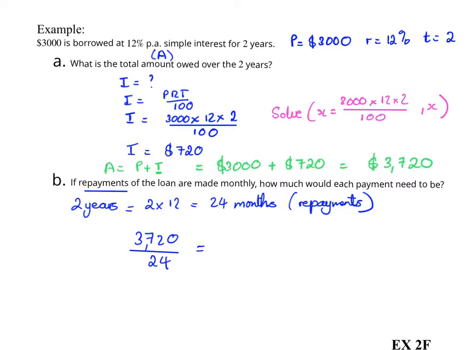And that ends up, when I put it into my calculator, being $155. So I'm paying back $155 per month for 2 years on a loan of $3,000. And that's because I have to pay $720 in interest over that time as well.